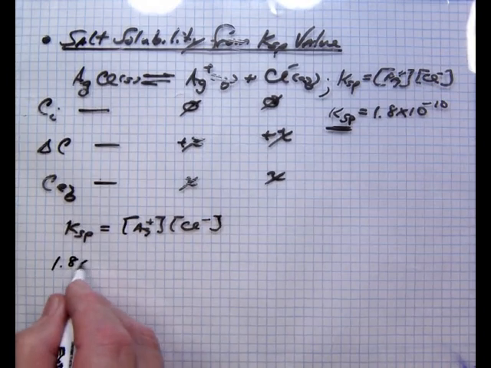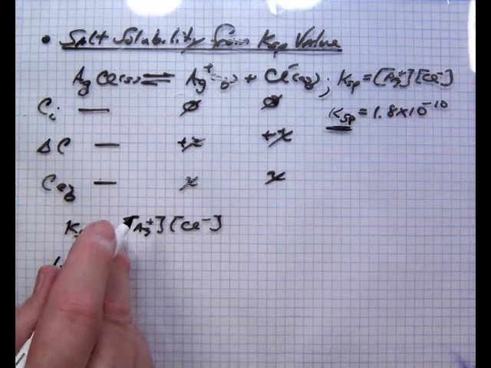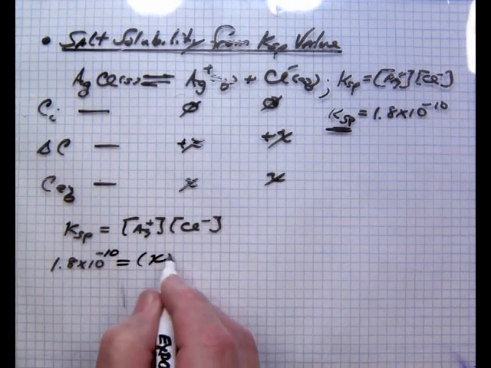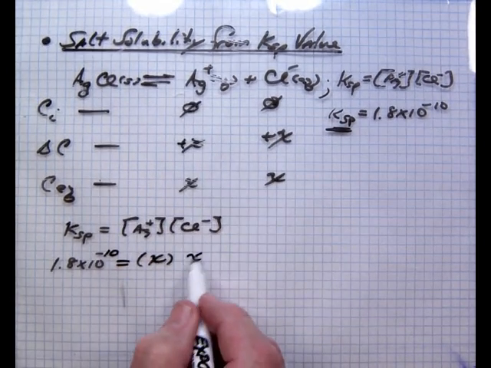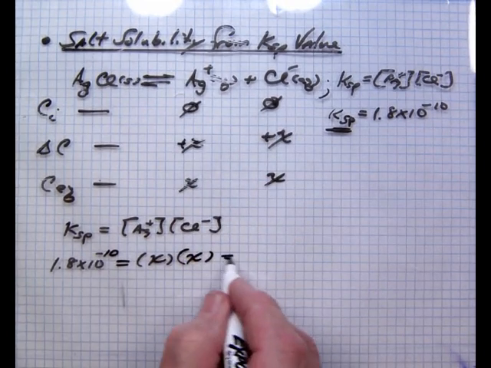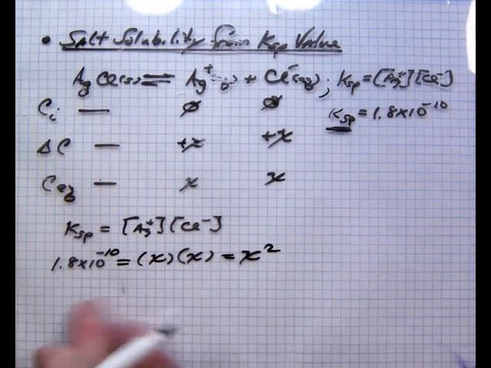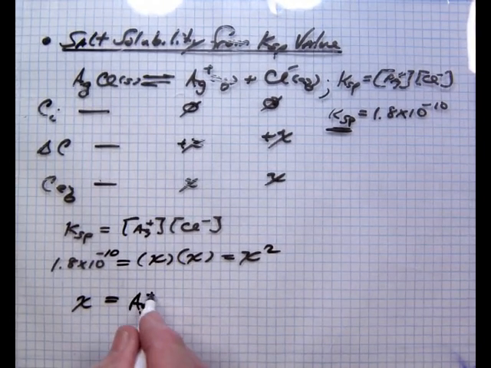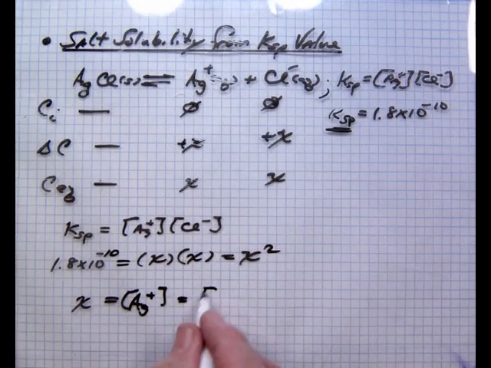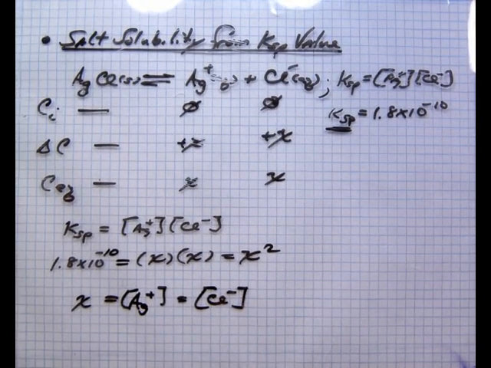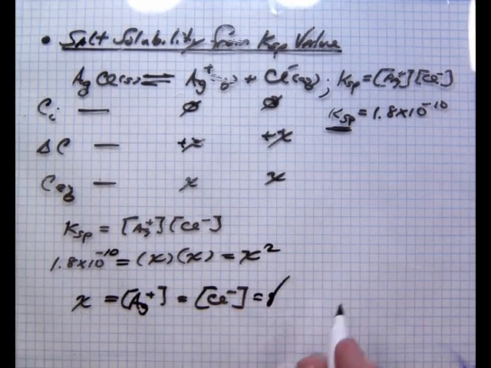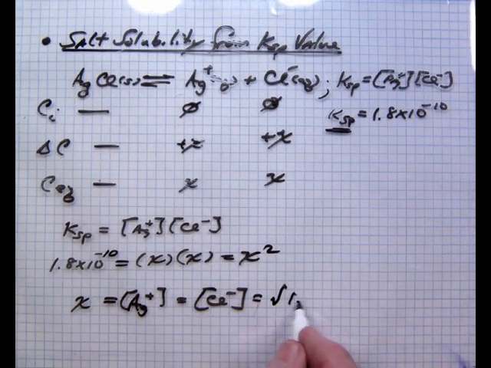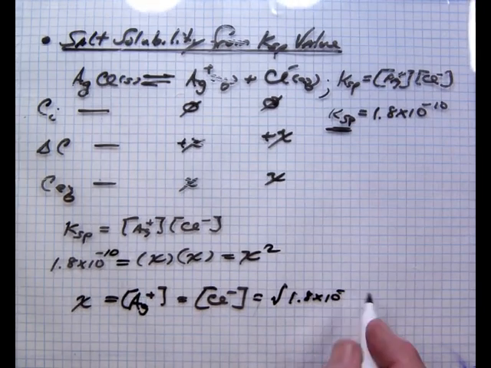Ksp is 1.8 times 10 to the minus 10, which is equal to X from the silver times X from the chloride, which is X squared. So X, which is the concentration of silver ion going into solution, also equals the chloride, because it's a 1-to-1, and is equal to the square root of 1.8 times 10 to the minus 10.